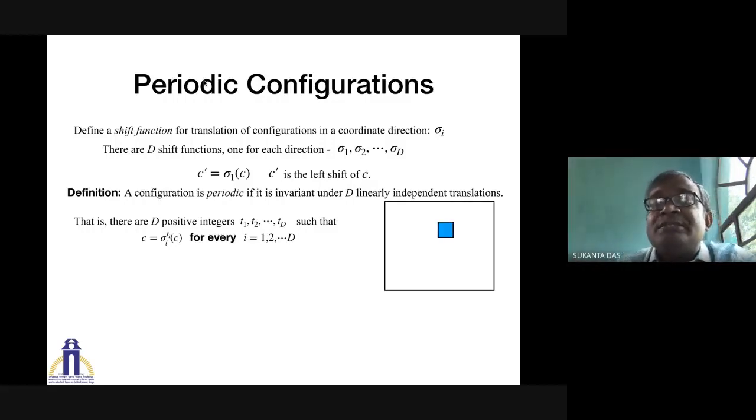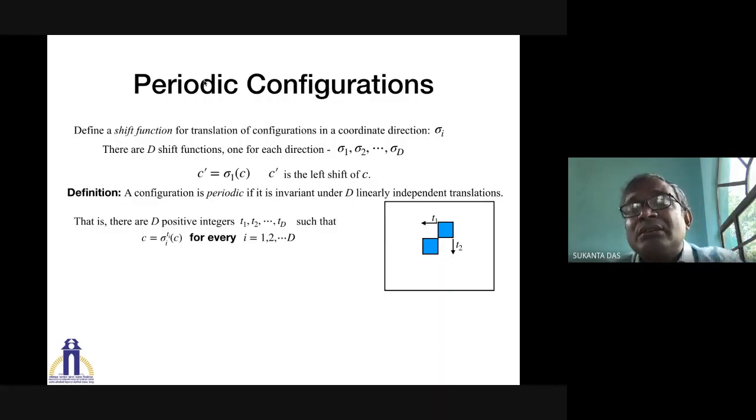Pictorially, suppose this is a small part of a configuration. Now I am applying T1 along the x-axis and T2 along the y-axis, so the new blue box I can get from the old one.